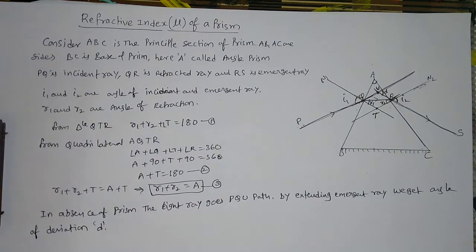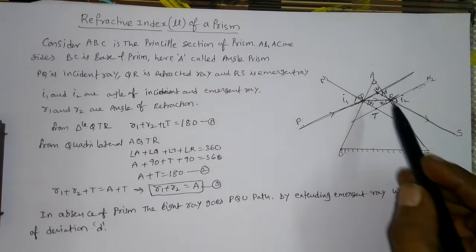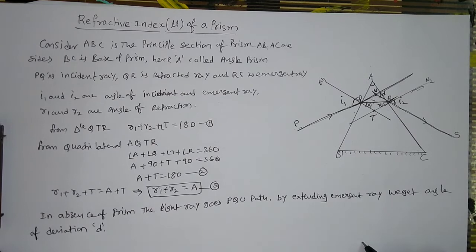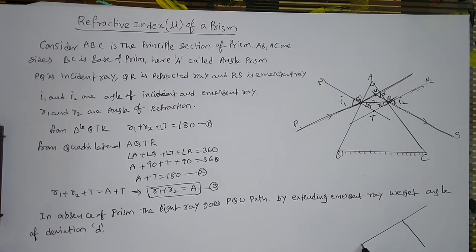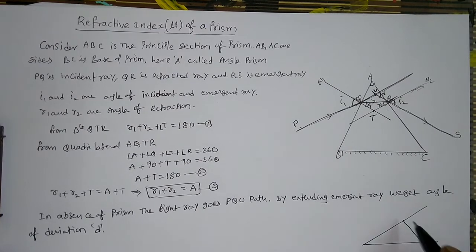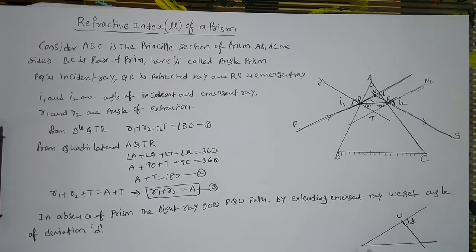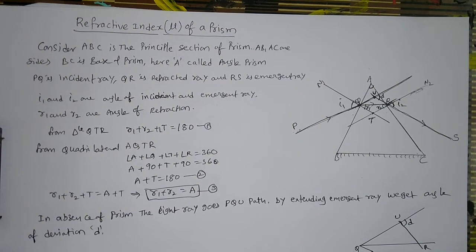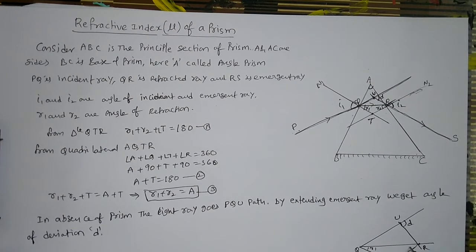Now again you can use this triangle. There is a triangle here, I can draw it clearly. This is the extension one, this one and this one. This is angle D. This is the U point, this is the Q point, this is the R point. Here, as we know, this angle is R1, this angle is R2.